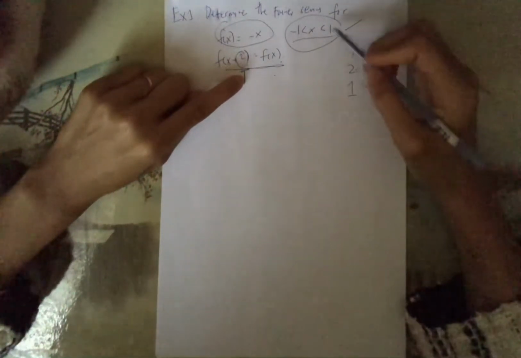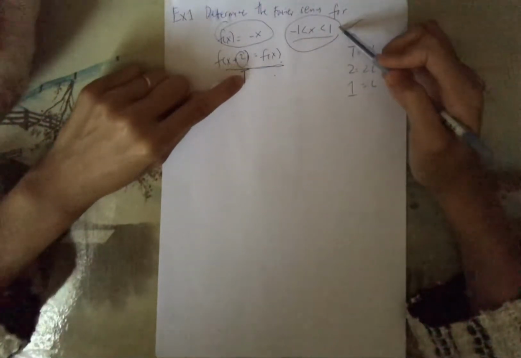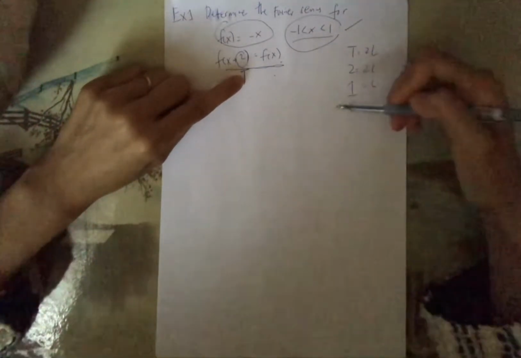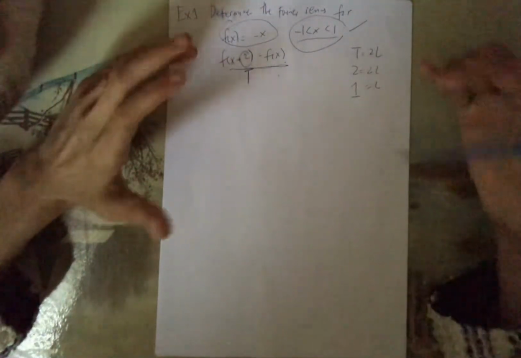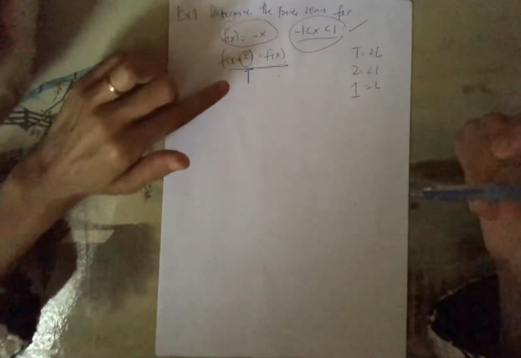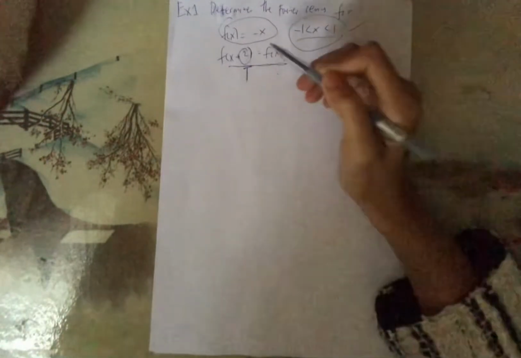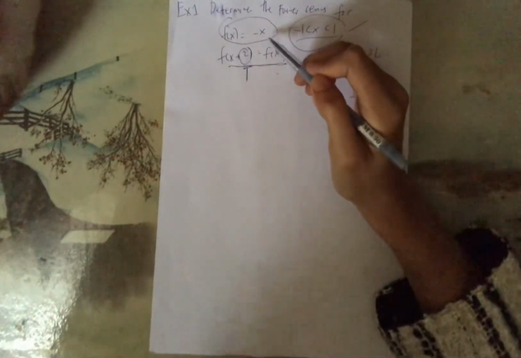Actually, from this interval you can already get your L is equal to 1, but this is the extra information. For some questions, maybe it gives you either one, so you can use either the interval or the periodic equation here. But the question here is this one. The equation that you need to solve is f(x) equal to negative x.